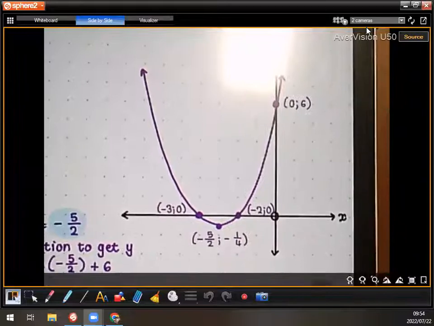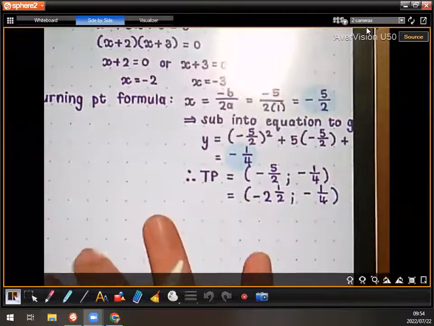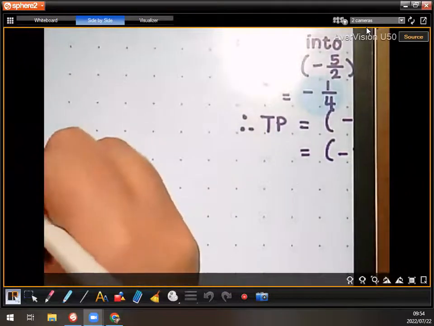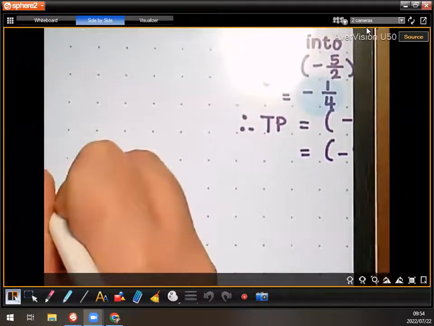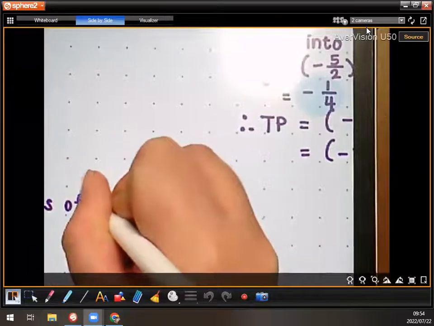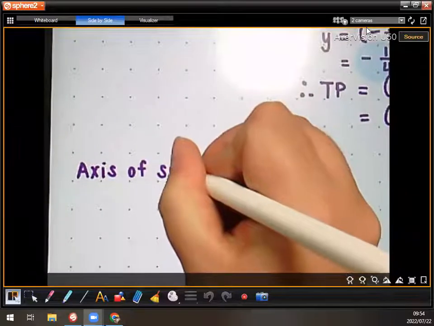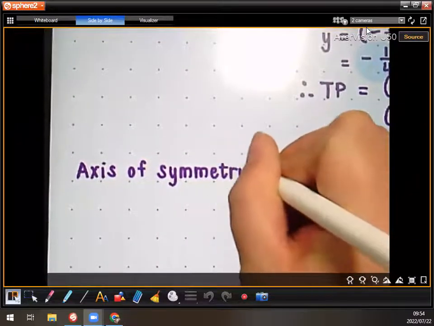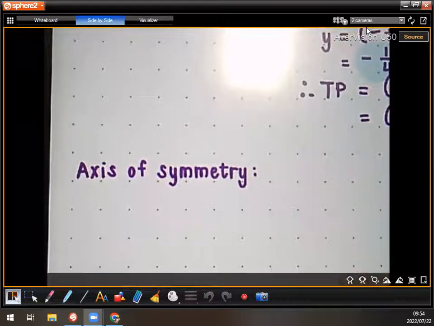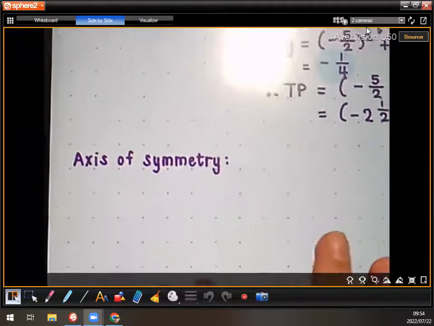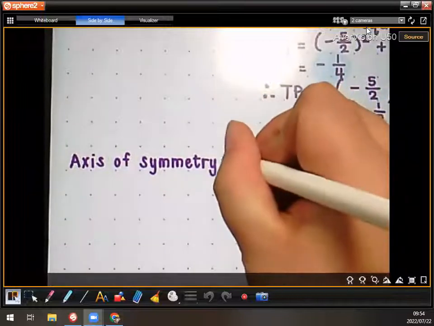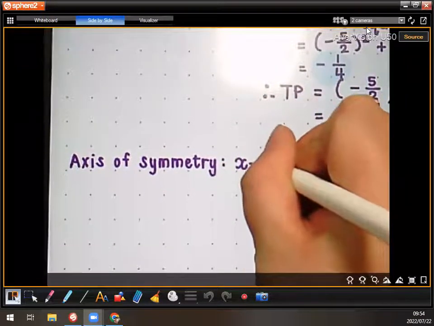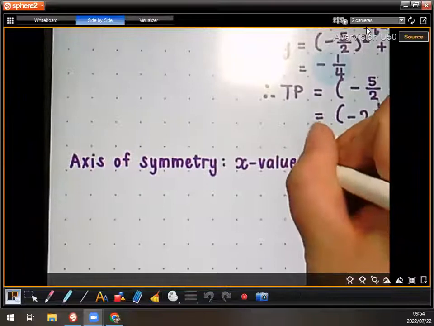Now for a parabola, I want us just to add it here at the bottom. The axis of symmetry. This will always be the case, and you can memorize this: the axis of symmetry is the x value of the turning point.